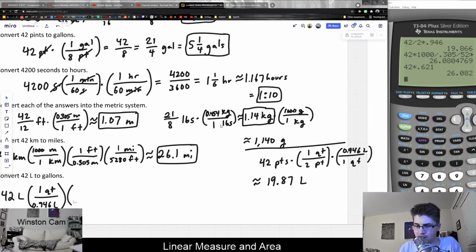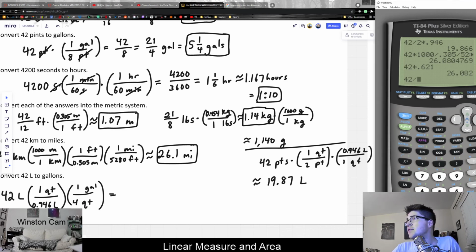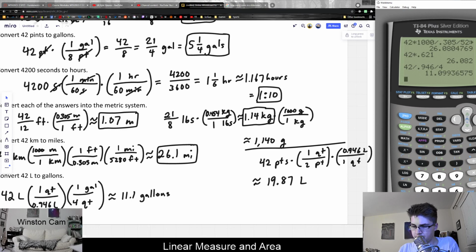And that should be good to go. So I need to take 42, divide by 0.946, and divide by 4. And this would give me approximately 11.1 gallons. That's it for this one.